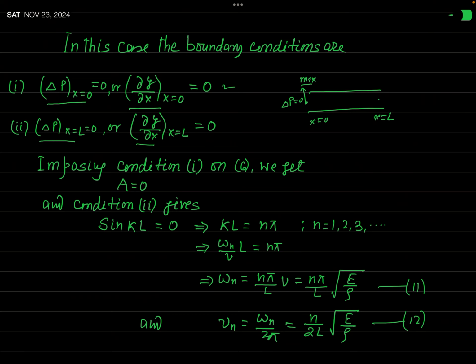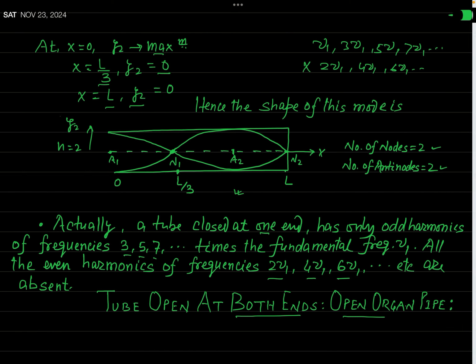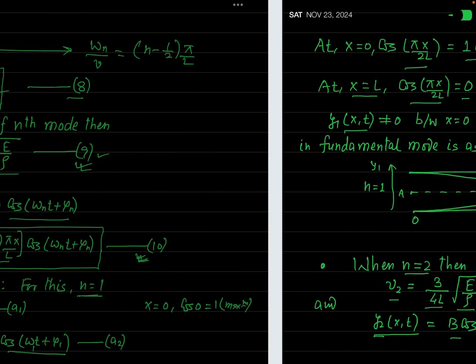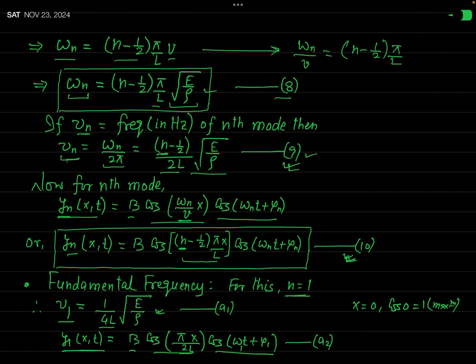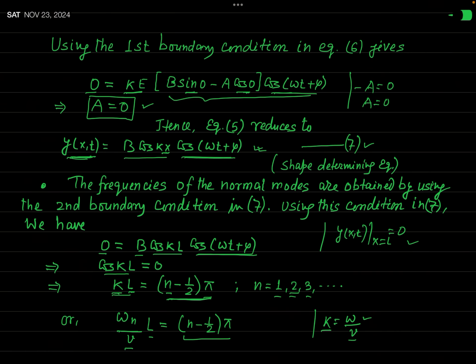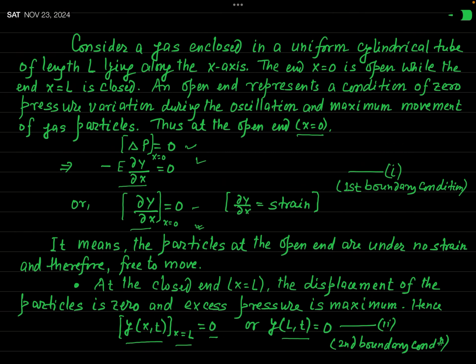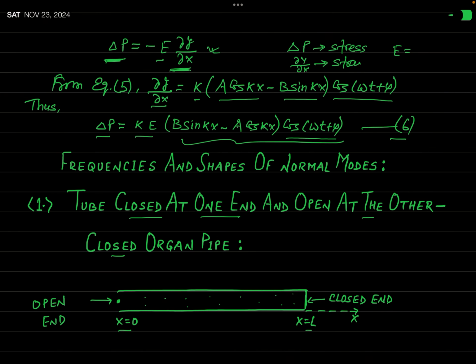Now, when you impose this first boundary condition, that is delta P equal to 0 at x equal to 0, on the previous equation I have shown here, that is equation number 6, you can see here, this is equation 6.